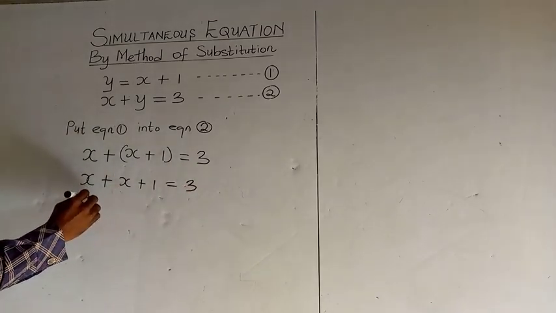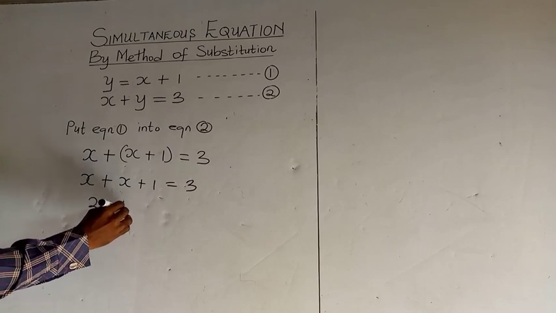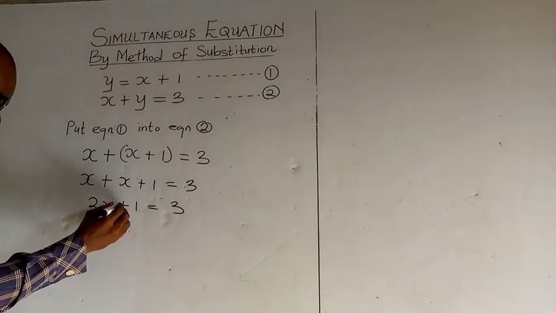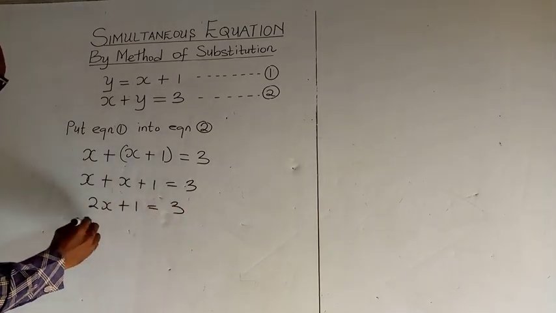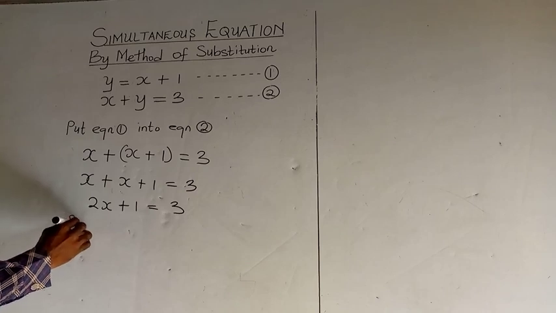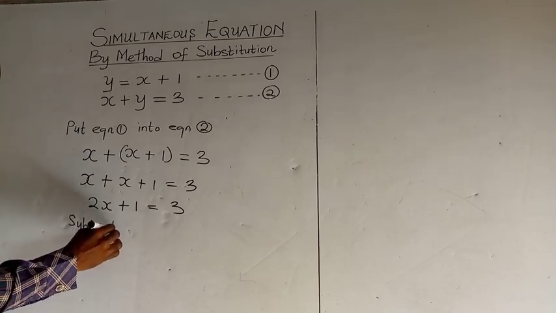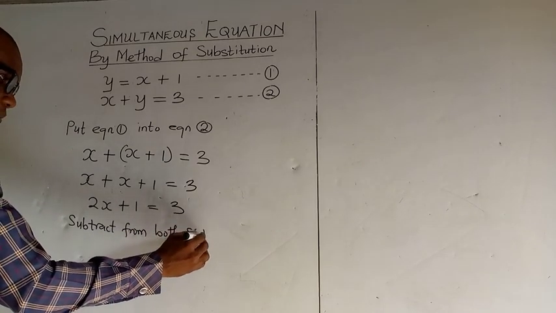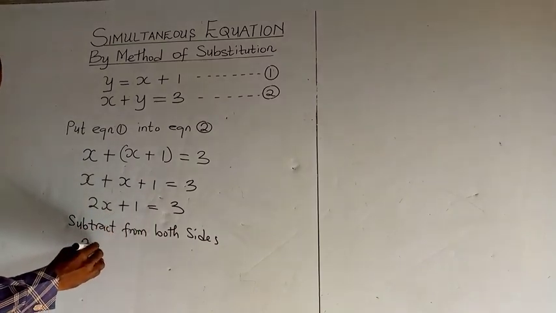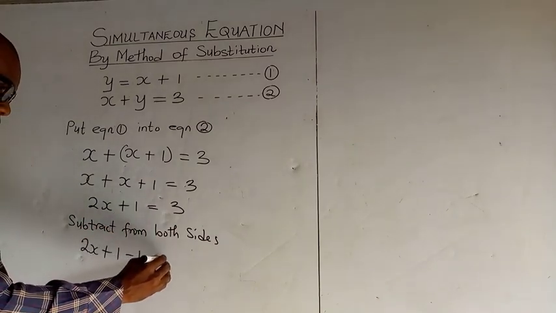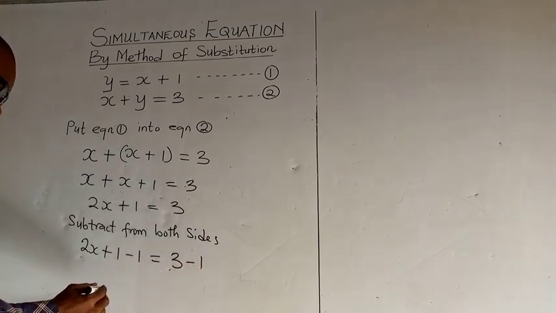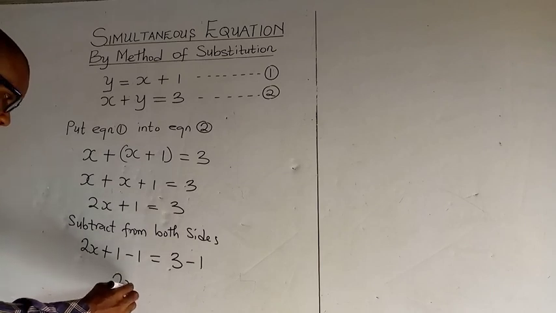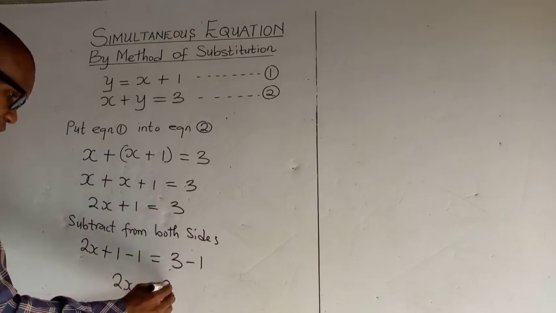x plus x is 2x plus 1 equal to 3. So how do we remove 1 and take it over to this side? We say subtract 1 from both sides of the equation. So we have 2x plus 1 minus 1 equal to 3 minus 1. 1 minus 1 is 0, so we are left with 2x equal to 3 minus 1, which is 2.